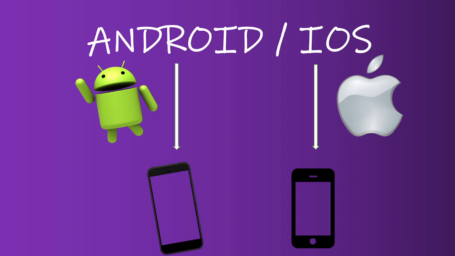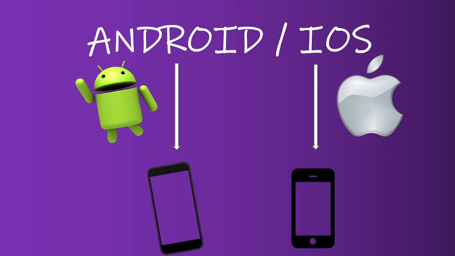Some apps will be there for both Android and iOS, but some will be only for Android because that app is being developed only for Android mobiles. So we can develop an Android application or an iOS application, but you have to choose first which one you are willing to develop.